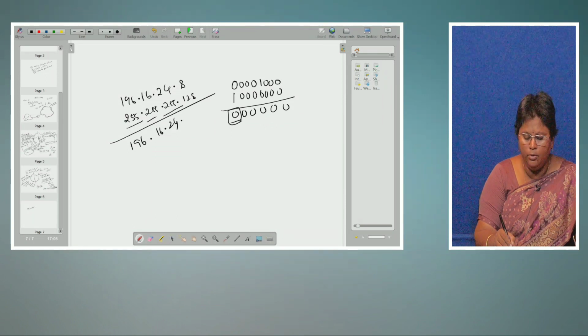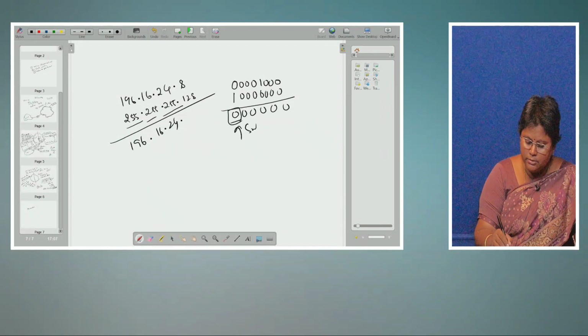If you look at the first bit, it is 0. If the first bit is 0, it will divert it to subnet 1.